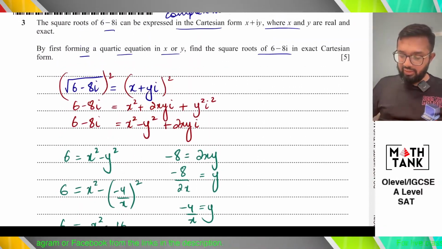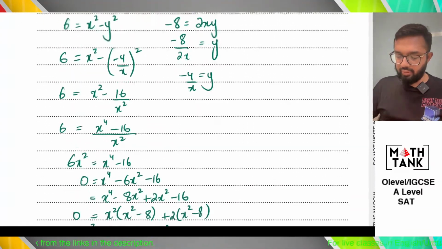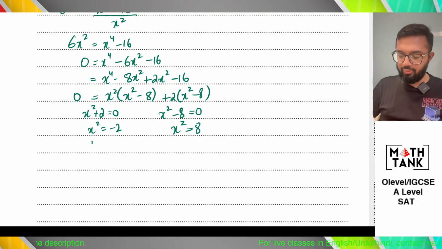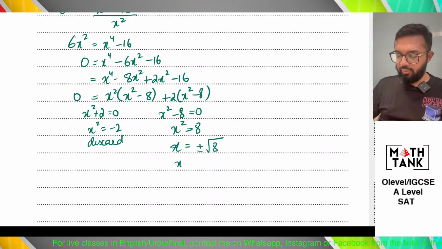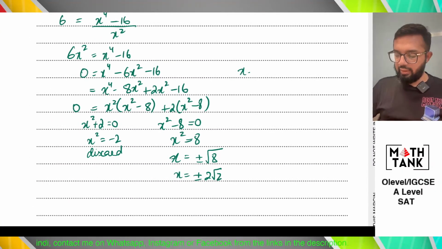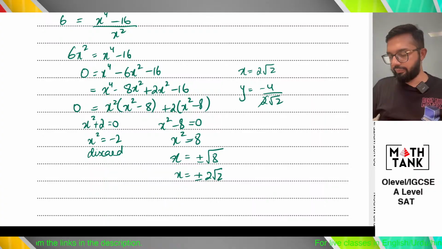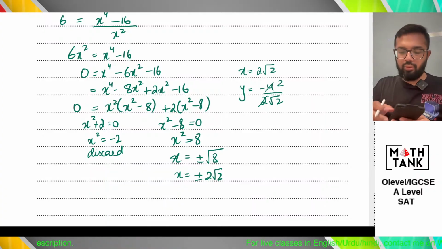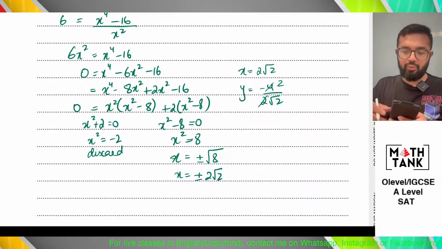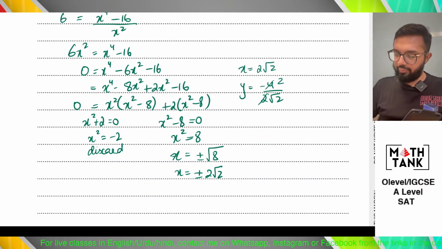This tells me that x and y have to be real numbers, so this can't be true, so it's discarded. This is true. So x equals plus or minus root 8, which is plus or minus 2 root 2. So when x is 2 root 2, y is minus 4 over 2 root 2, which gives me minus root 2.